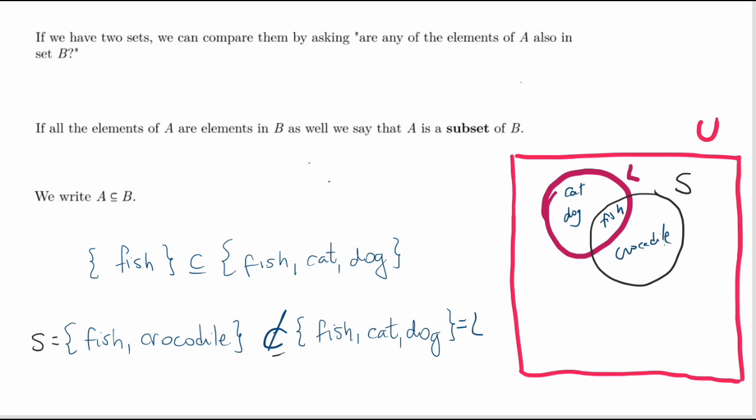So to be a subset, to be totally contained, you need to have all elements of S sitting inside L.